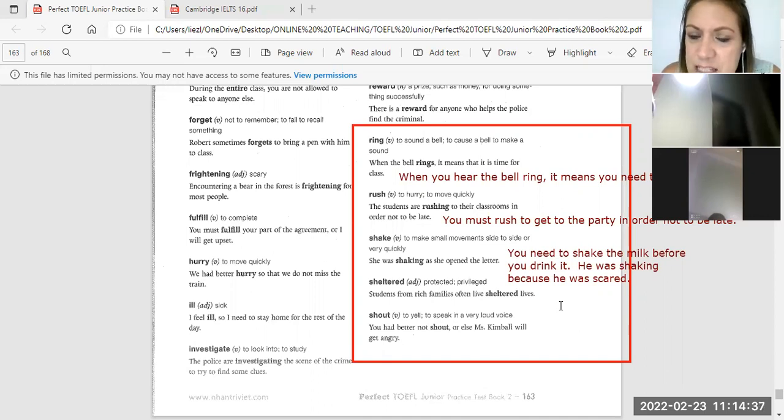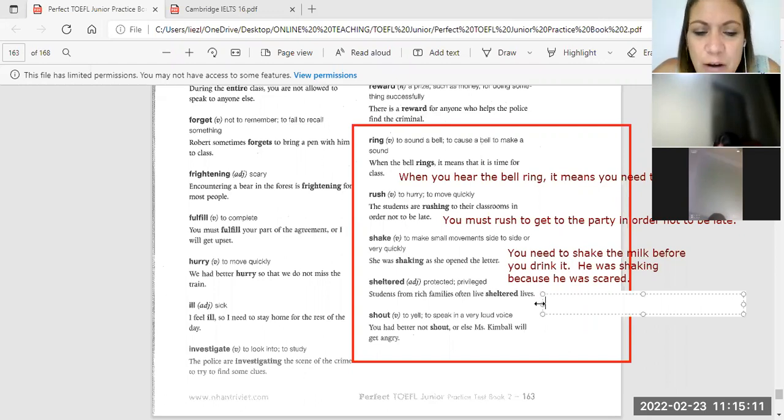Okay, let's see if you can make a sentence. Sheltered. My friend always sheltered me. Okay.